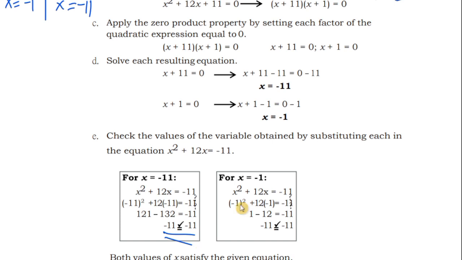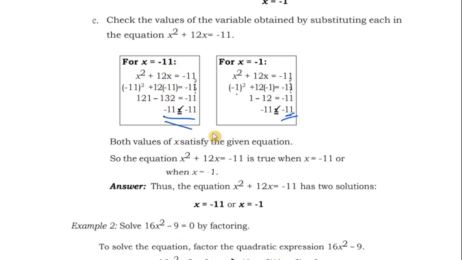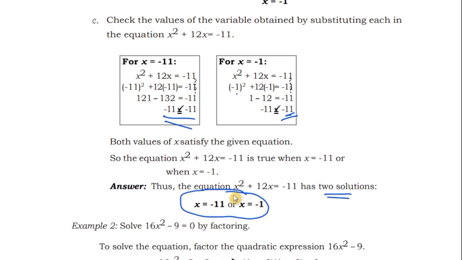Since the value of the other x is negative 1, the square of negative 1 is 1, then 12 times negative 1 is negative 12. So 1 minus 12 is negative 11, equals negative 11. So we could now claim that x squared plus 12x is equal to negative 11 has two solutions, negative 11 or negative 1.